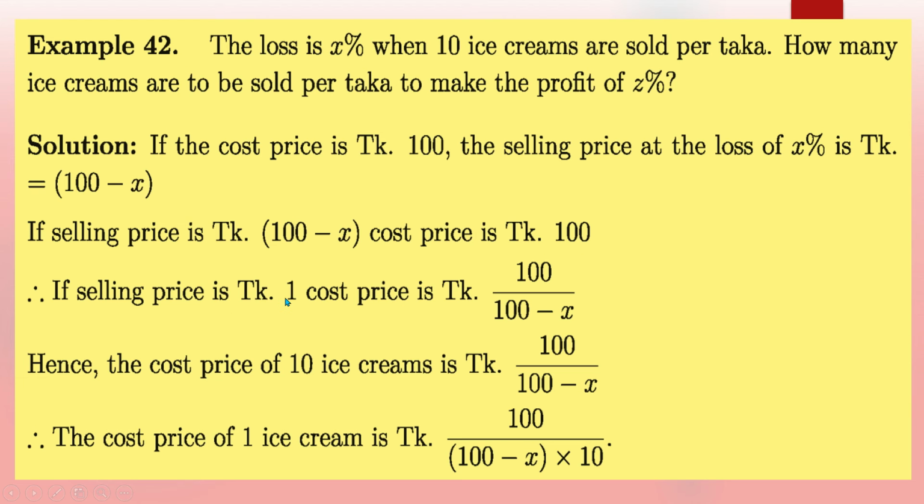Selling price is taka 1, cost price is taka 100 by 100 minus X. Therefore, the cost price of 10 ice creams is taka 100 divided by 100 minus X. Clear? Therefore, as this is the price of 10 ice creams, the cost price of one ice cream will be 100 divided by 100 minus X into 10.